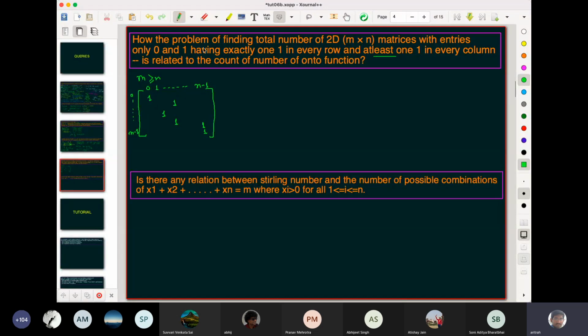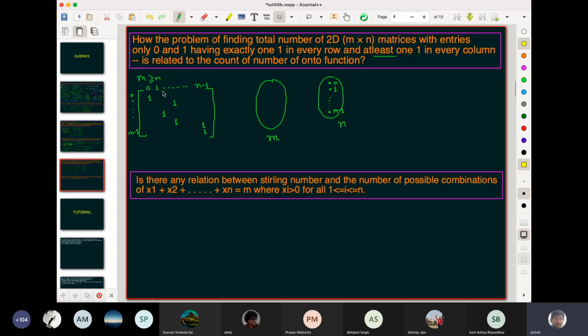Now, somebody asked, it is there in the slide, that the number of such two-dimensional arrays that can be initialized like this is the count of onto functions. So somebody asks how it is related. Just take the set-theoretic way. Suppose you have m elements here, and you have n elements here, marked 0, 1, up to n minus 1.